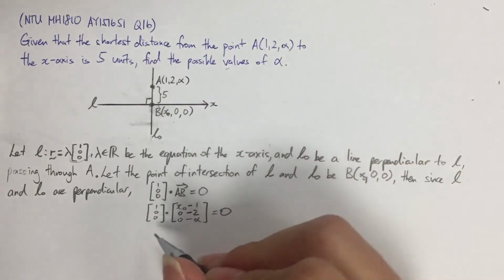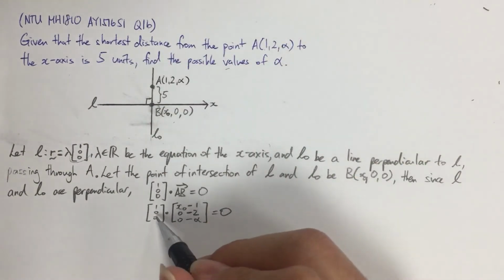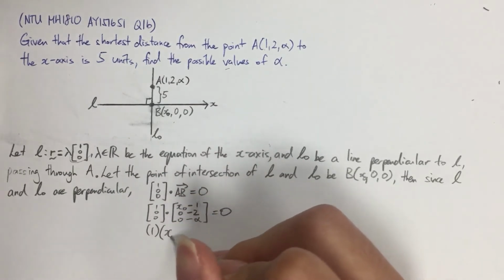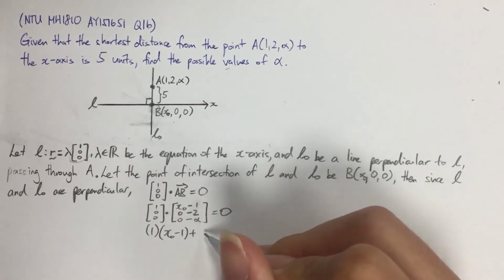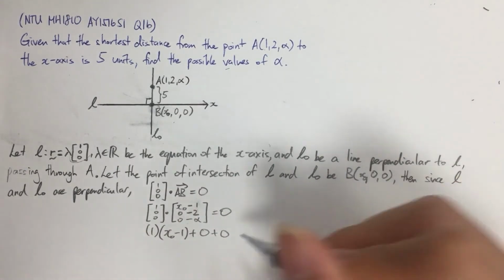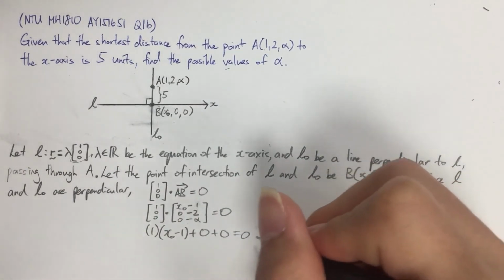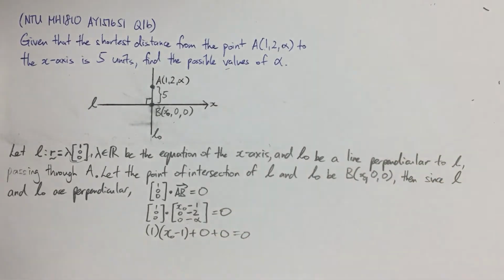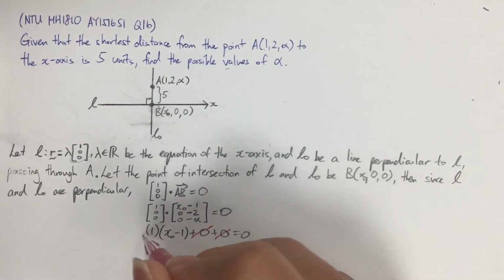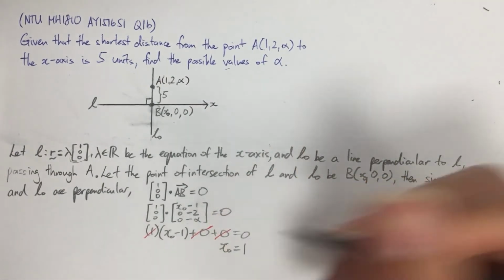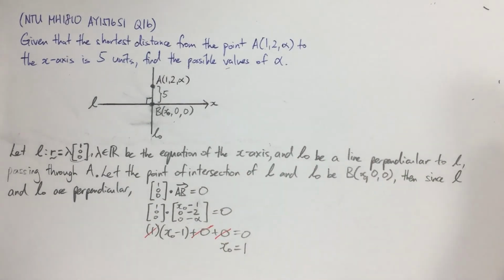You can expand the dot product: 1 times (x0 − 1) plus 0 times this, which is 0, and 0 times this, which is also 0. So you get just x0 − 1 = 0, all of these disappear, and then you can solve for x0. x0 is just 1. Oh, that's easy enough.